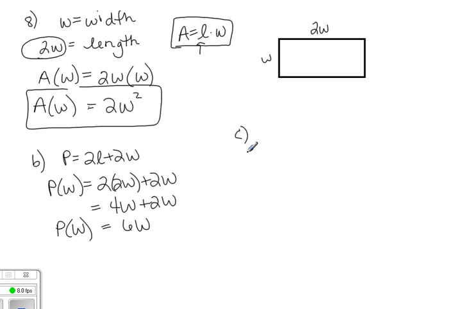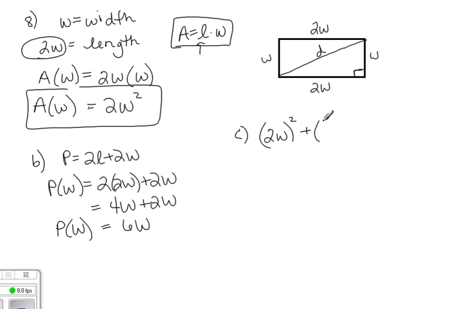Okay, and then moving on, part C, express the diagonal as a function of W. If I were to draw a diagonal in for that rectangle, I'm going to go ahead and represent those other two sides in terms of width. But what I formed are two right triangles. So if I'm looking for this diagonal, I can use the Pythagorean theorem that says that I can square the two legs.